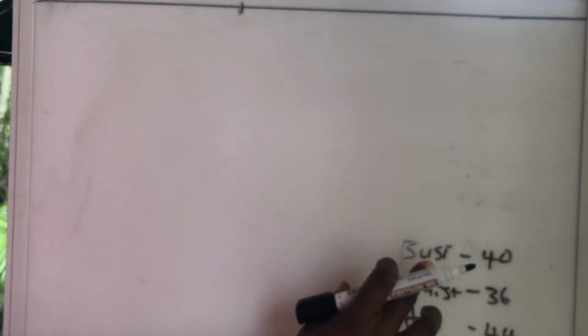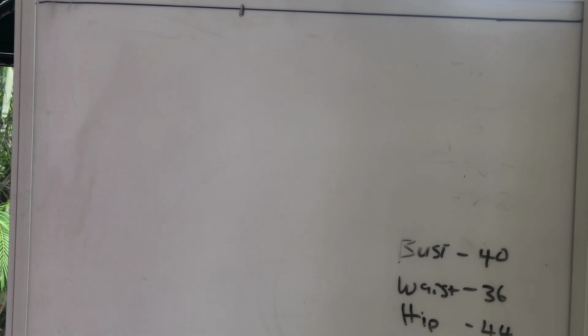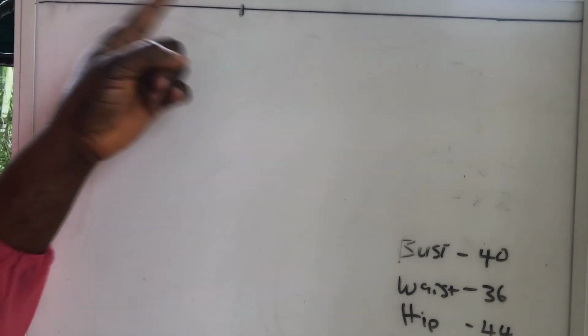Now we go over to the neck. Because this person only gave us bust measurement, waist measurement, and hip measurement, we do not know the neck depth and the neck width. Let's assume that the person wants to make not a turtleneck, but a neck that is not too wide. How do we get this measurement?